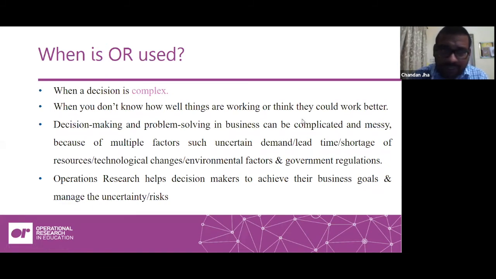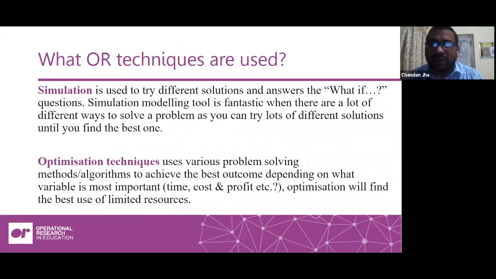Basically, operational research helps decision makers achieve their business goals and manage uncertainty and risk. What techniques do we usually use? One is simulation.